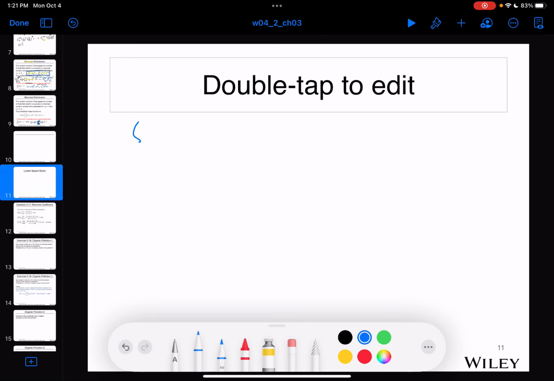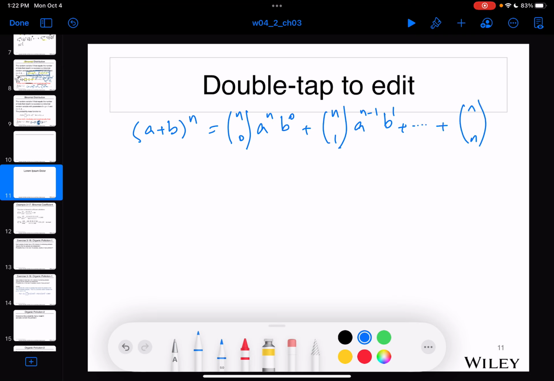The binomial theorem tells us that (a plus b) to the power n is equal to, let's write it this way, n choose 0, a to the power n, b to the power 0, plus n choose 1, a to the power n minus 1, b to the power 1, plus dot, dot, dot, plus n choose n, a to the power 0, b to the power n, right?